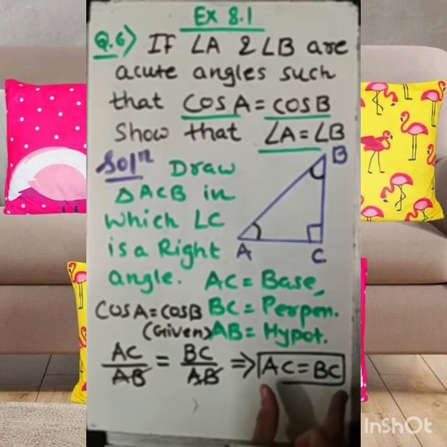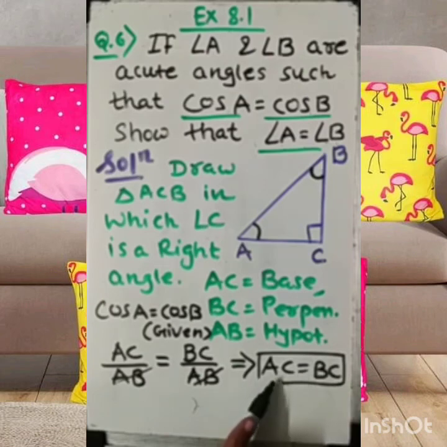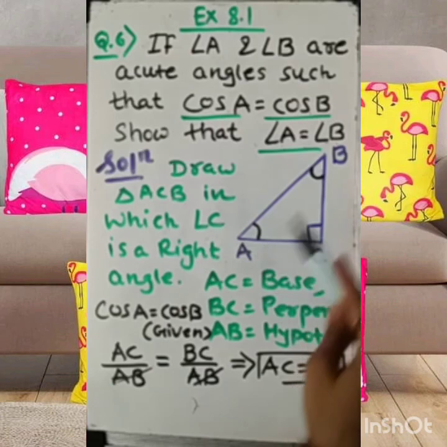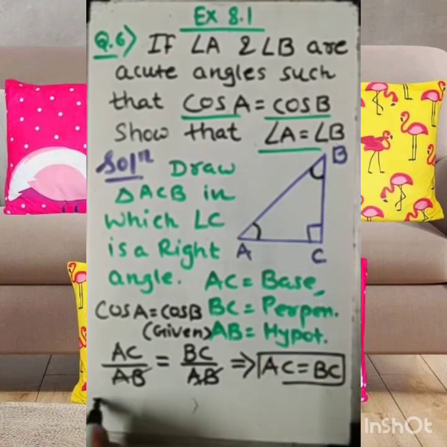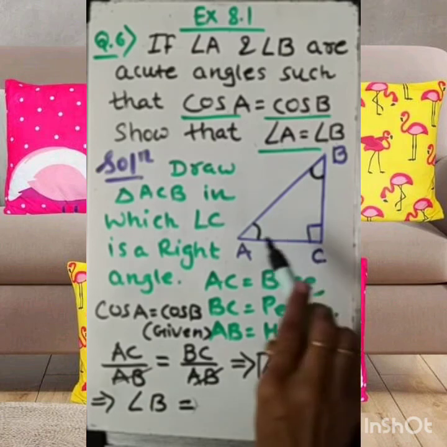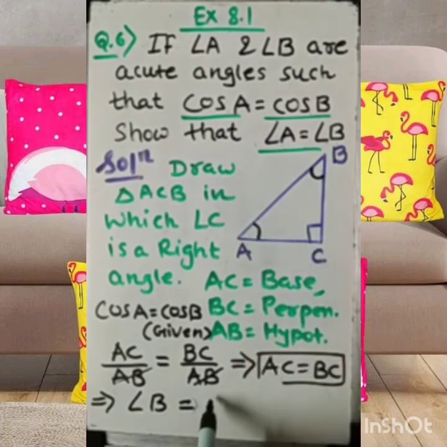If both of these sides are similar, then which angle is opposite to the AC side? AC side's opposite angle is angle B. And BC is this side, and opposite of BC is angle A. So angle B equal to angle A, which is our required result.